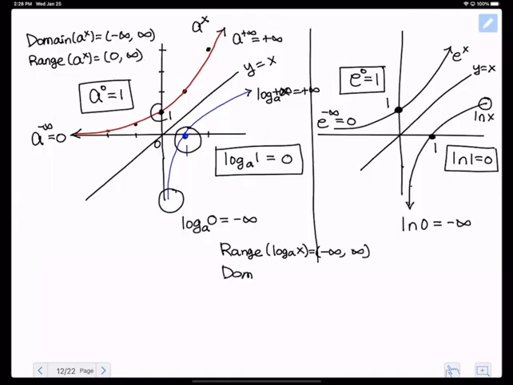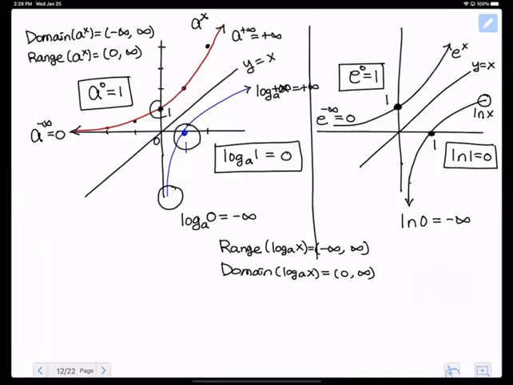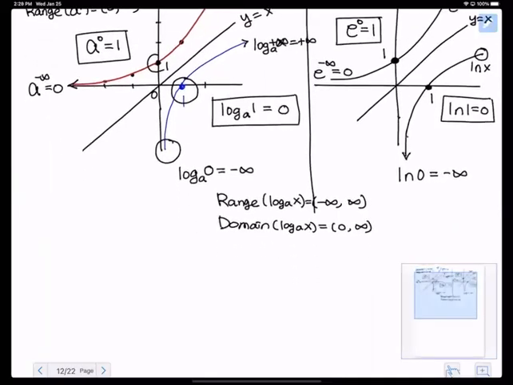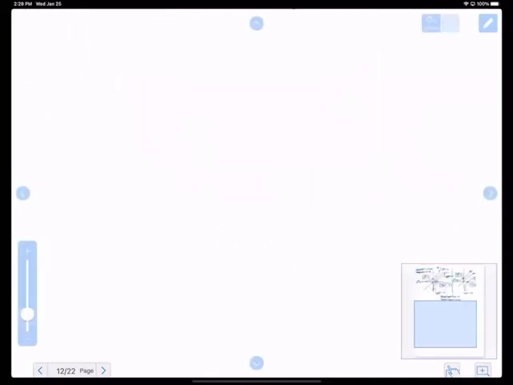Domain of log base a of x is 0 to infinity. It's because it's reflected by y equals x. So all this x value condition goes to y value and vice versa. So domain becomes range, range becomes domain.